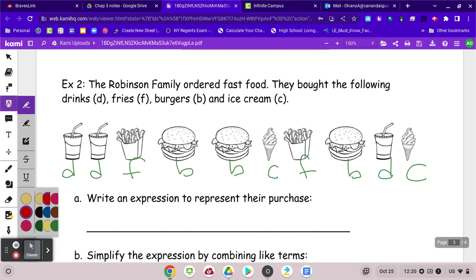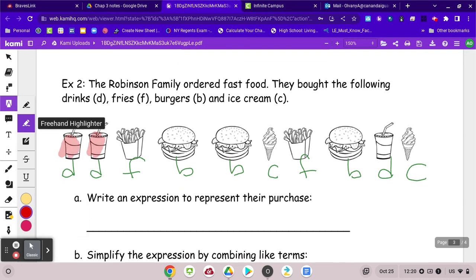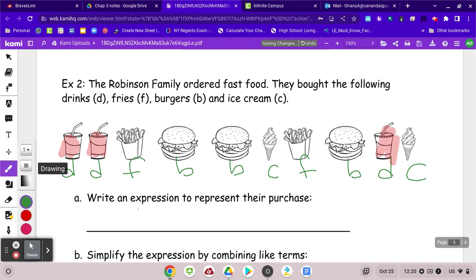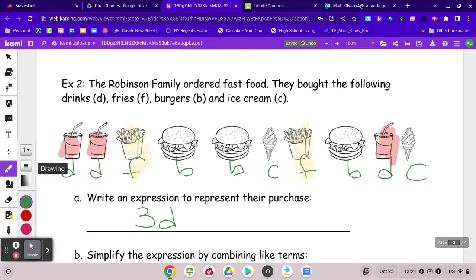So, why will this not let me do this? All the drinks, that means I have 3D, 3 drinks, and all the fries, 1, 2, 2F, so plus 2F.